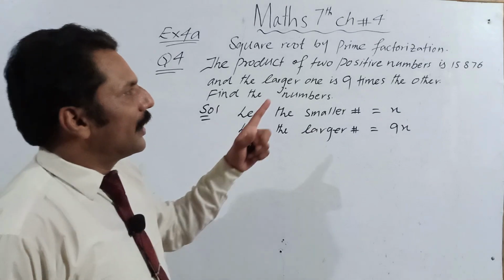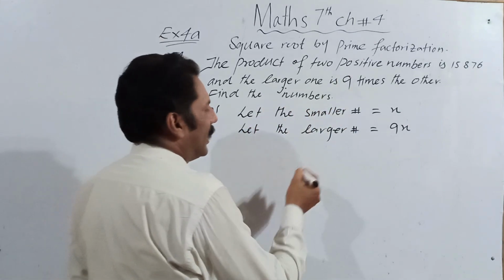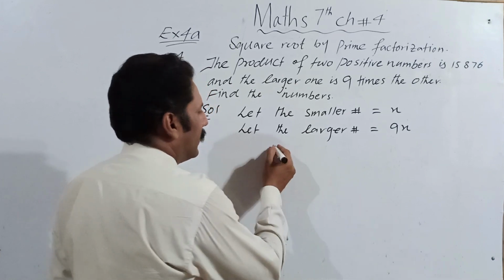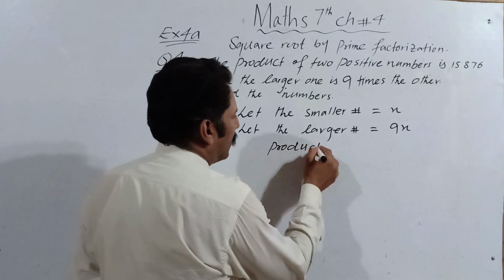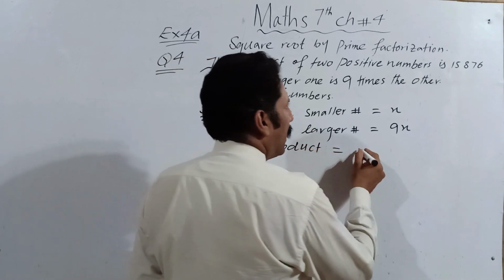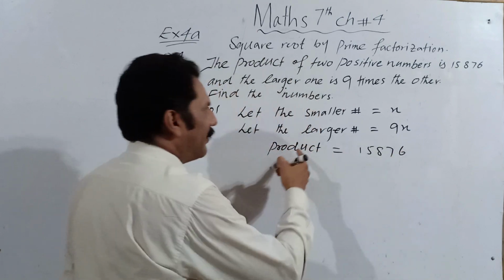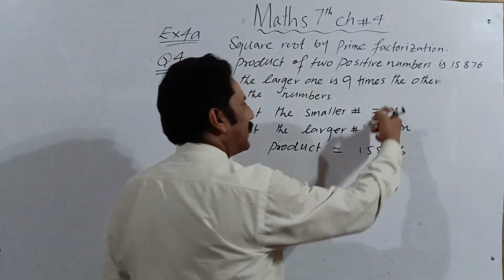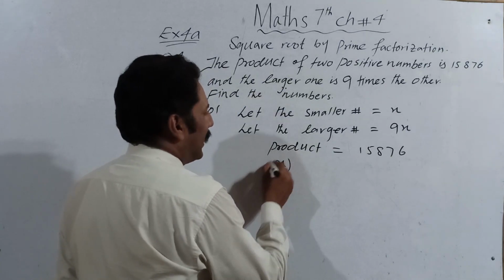Now, as the product is given to us, we know that the product is equal to 15876. So what will be the product of these two numbers that we have supposed? The first one is x and the second one is 9x.